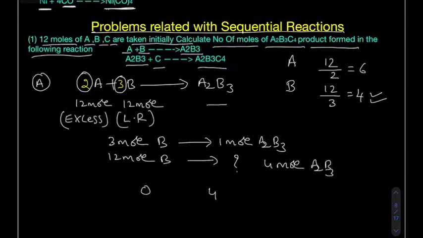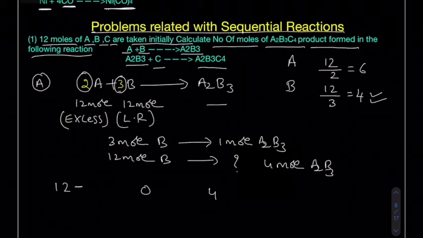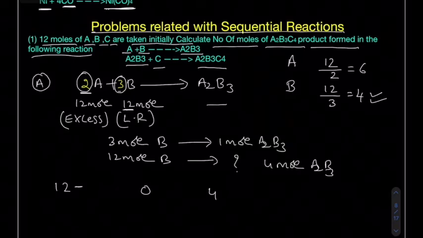Now what about the excess reagent? Actually, how many total moles of reactant A are there? 12, minus how many moles of A will be consumed here? Now here 3 moles of B react with 2 moles of A. So 12 moles of B will combine with how many moles of A? 12 into 2 by 3, that is 24 by 3, that is 8.